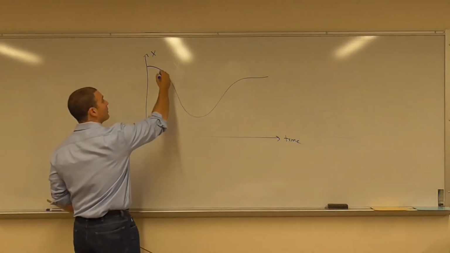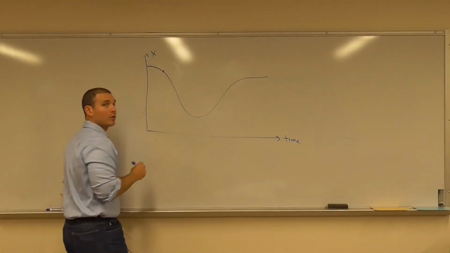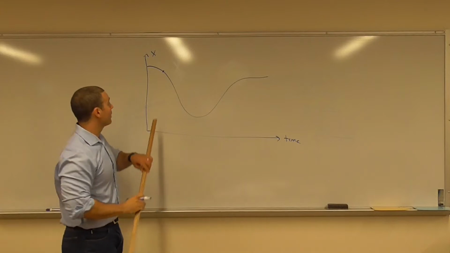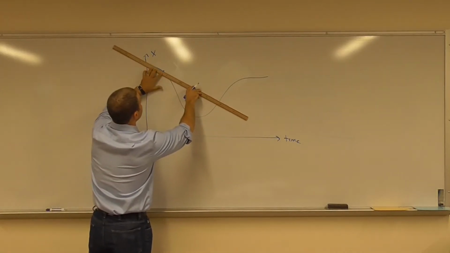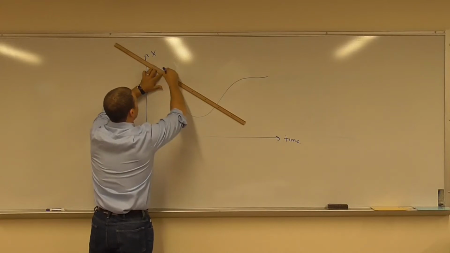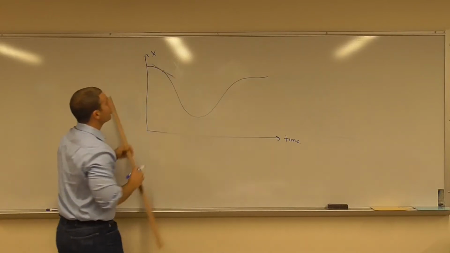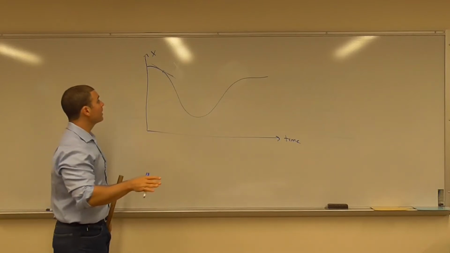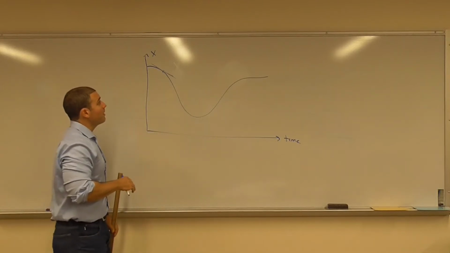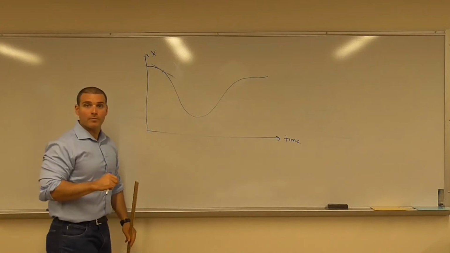For instance, if we want to know what the slope was here, that would tell us what the velocity is there. So I draw my point, I grab my trusty meter stick, and I draw a straight line. In this case, the velocity would be negative, and it would be a moderate value.